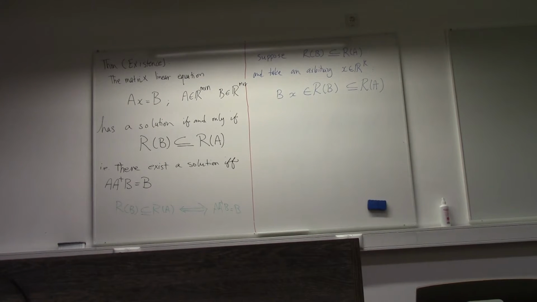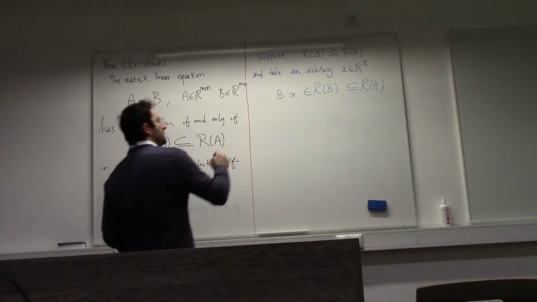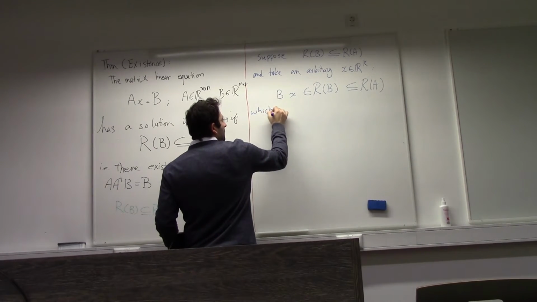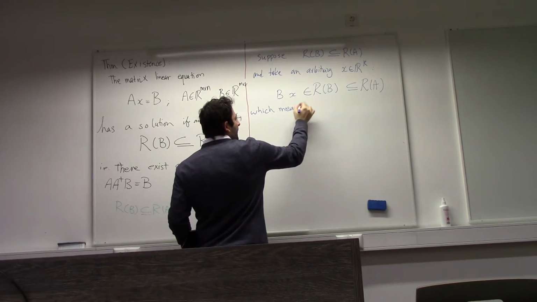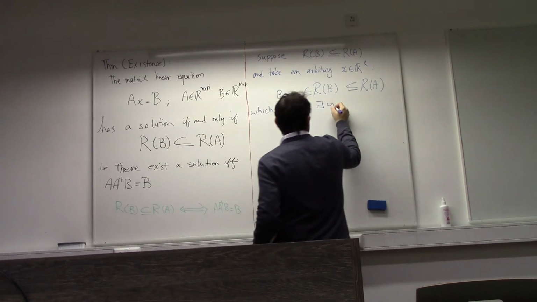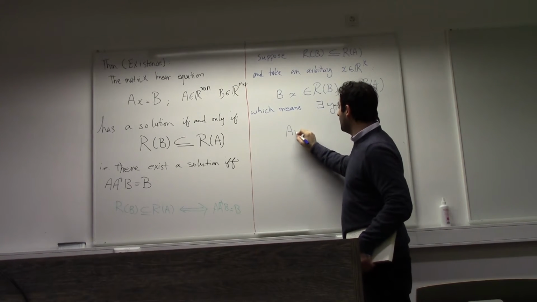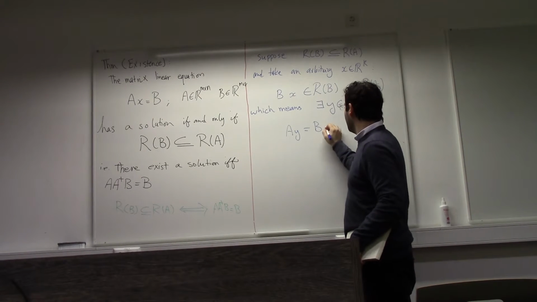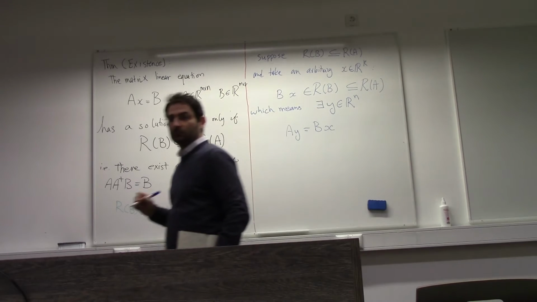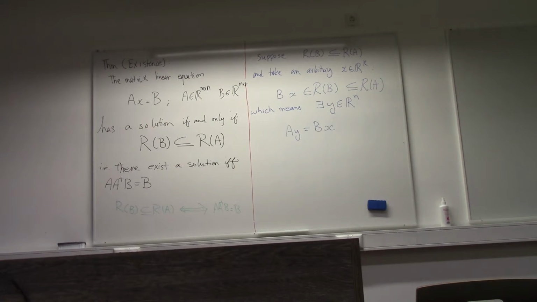It means there exists a y belonging to R^n in a way that Ay is equal to Bx. The range of A has lots of elements, but there is one element which satisfies such a condition.